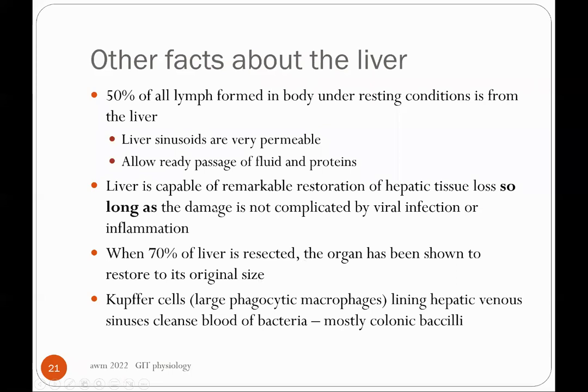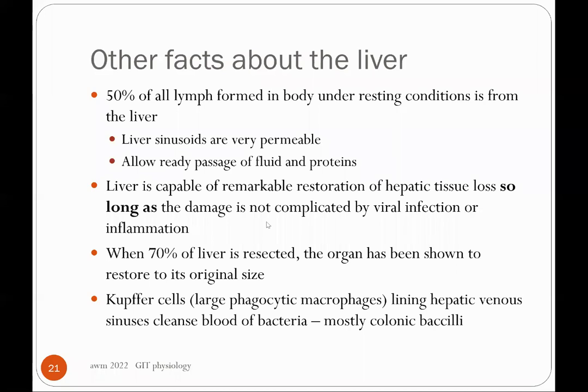Okay, other facts about the liver. It's capable of restoration. They say that if you lose 50% of the liver, it can replenish itself back to normal size given time, and if there's no continued trauma. And 50% of all the lymph that is formed in the body under resting conditions is derived from the liver.